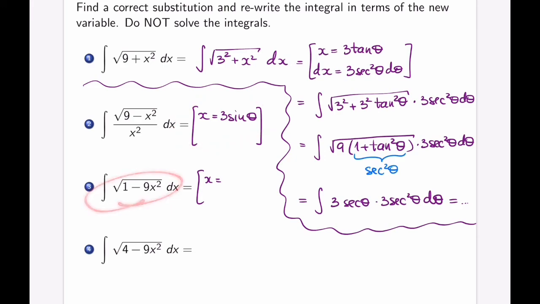What about this time? Well, here there are two ways of thinking about this. I can either consider this to be 1 minus 3x all squared, square root, or I can also think of this as first factoring out the 9 and ending up with 1/9 minus x squared.